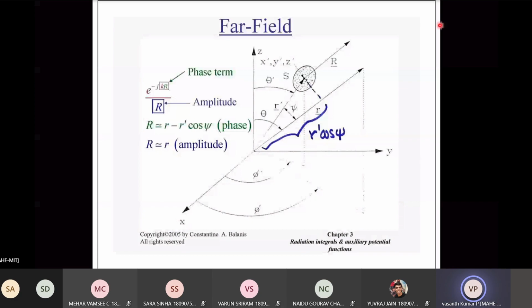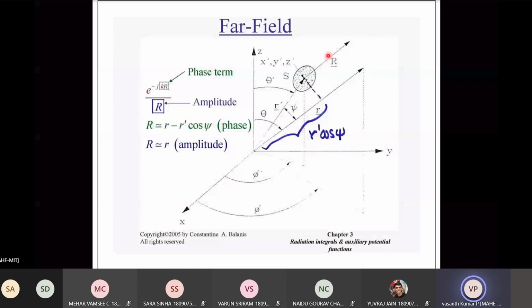Okay, because see, for example 10,000 and 10,010, the ratio of 1 by 10,000 and 1 by 10,010 will be nearly equal. So you can take capital R equal to small r.